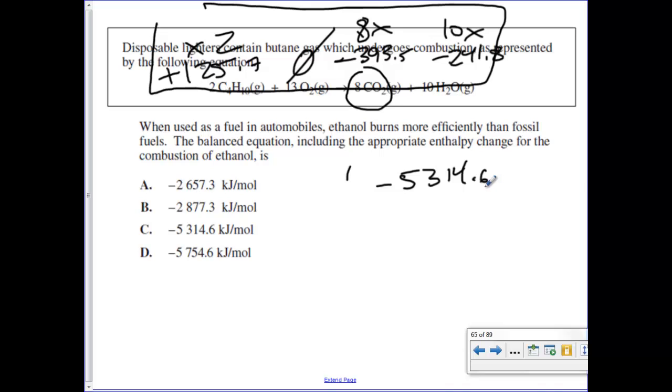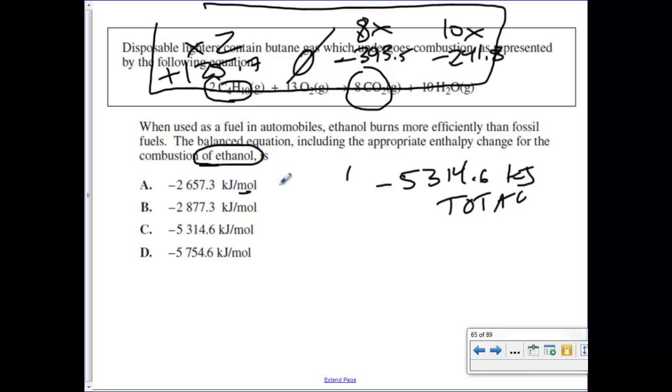Yeah. So it's C. Well, no, it's not C. C is meant to throw you off. This is how many kilojoules you get total. But it wanted kilojoules per mole of ethanol. That's where, again, we have to think about which specific guy we are talking about. Is that ethanol right there? That's butane.